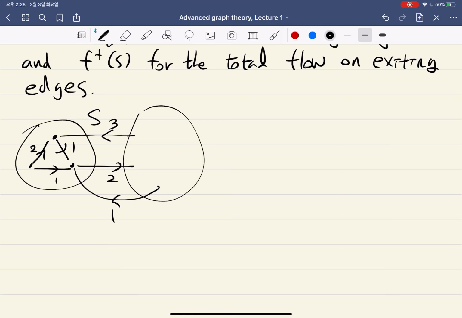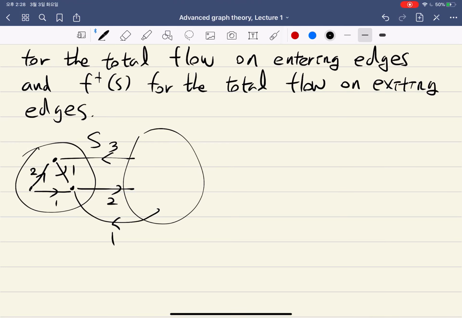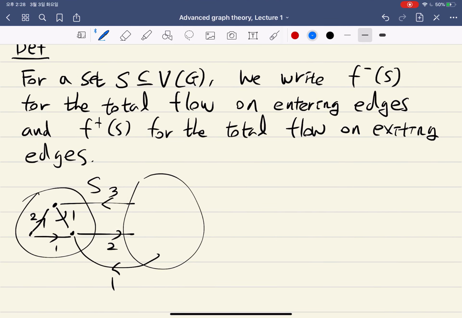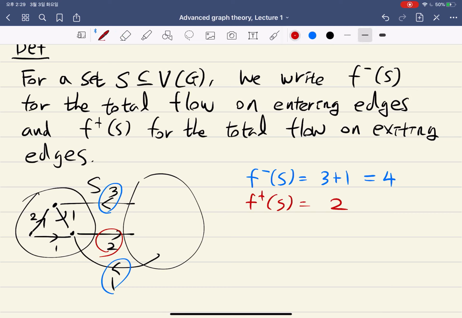In that case, the edges entering S are this edge and this edge, entering from outside into S. So F minus of S would be 3 plus 1, which is 4. And F plus of S, the exiting edge is only this one, so F plus of S would be 2. Note that the edges inside S contribute nothing to these two expressions.